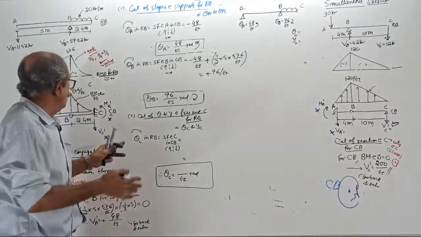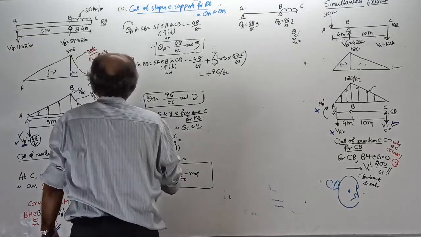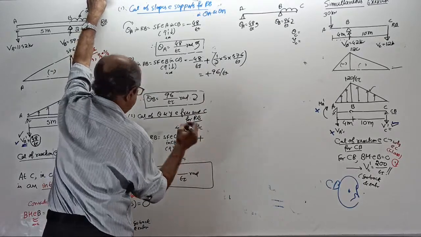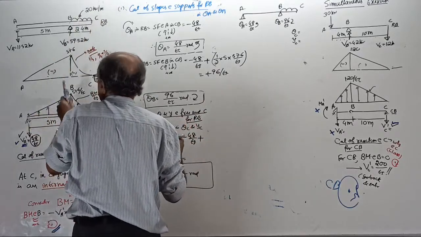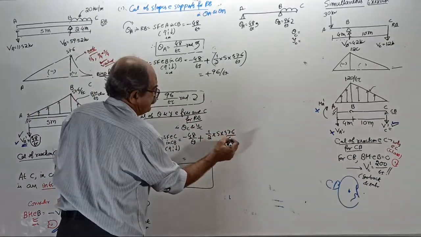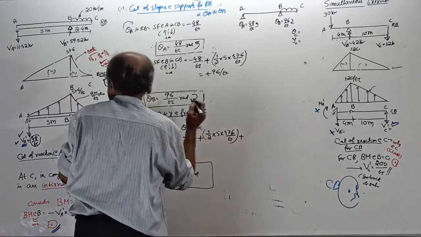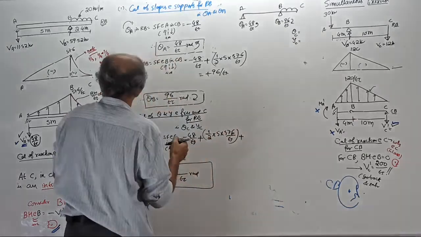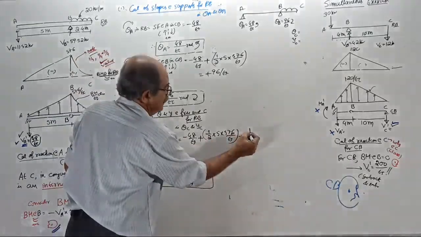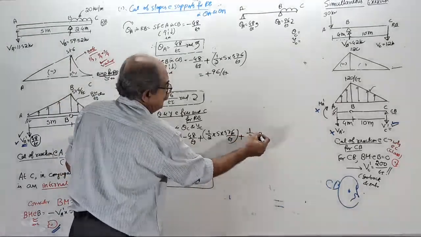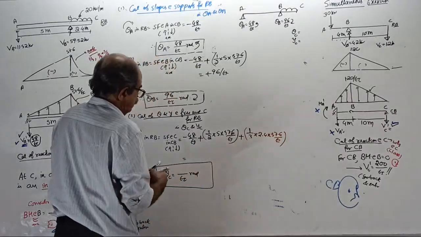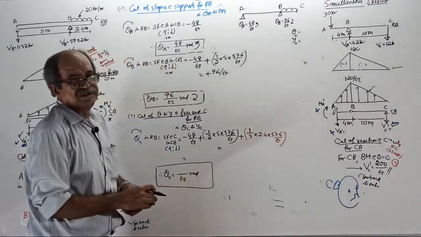Look this side: minus 48 by EI plus half into 5 into 57.6 by EI, and also plus this parabolic load, 1 by 3 of 2.4 into 57.6 by EI. Calculate and tell me the answer.